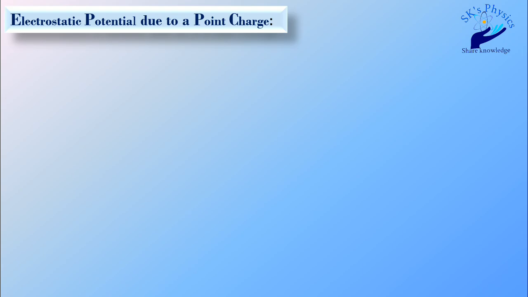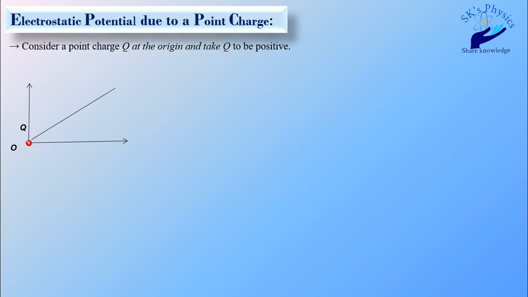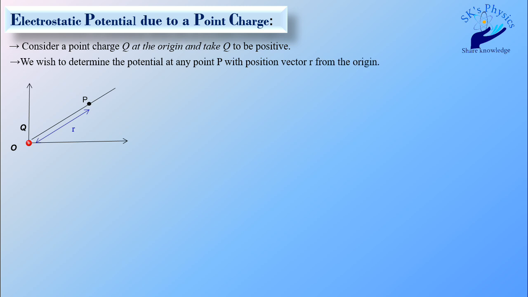Electrostatic potential due to a point charge. Now here consider a point charge Q at the origin, and take Q to be a positive charge. Now here is point P at distance R and point P dash at distance R dash.